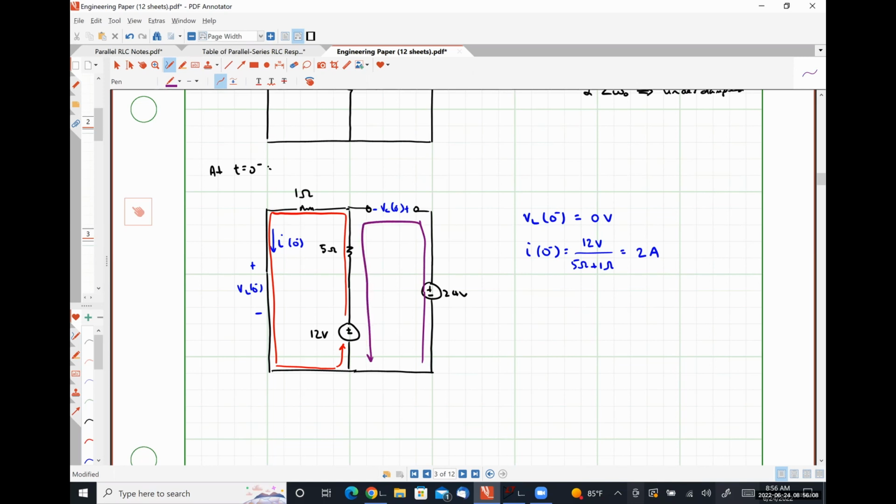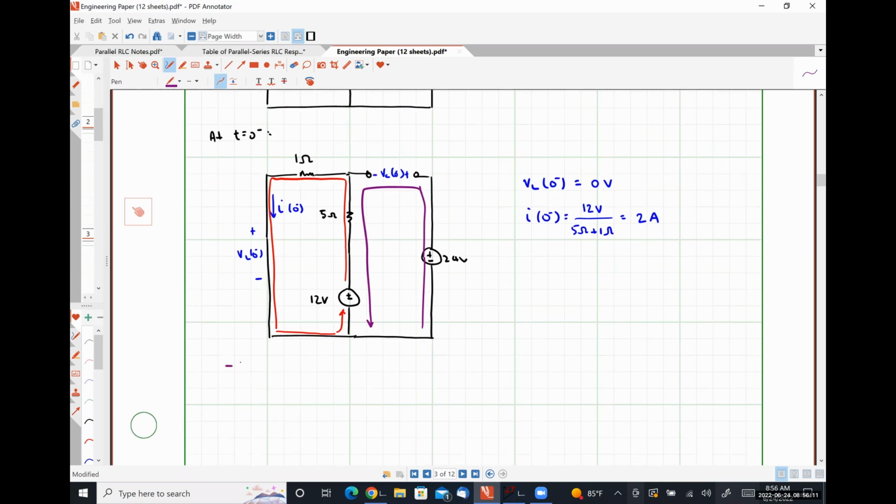So I'm going to have negative 24 volts plus VC at 0 minus plus 5 ohms times the current flowing down through the 5 ohm resistor, which is negative 2 amps, plus 12 volts is equal to 0.